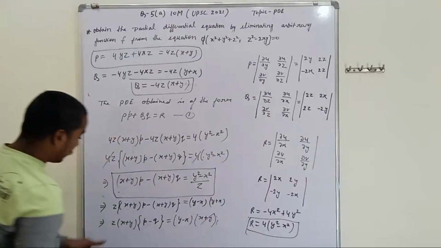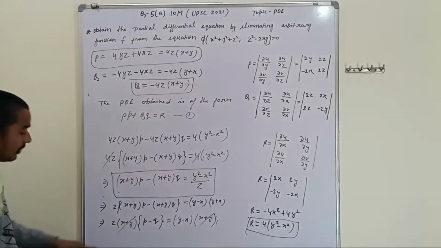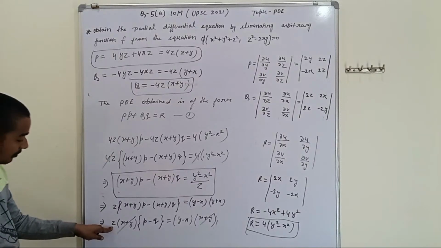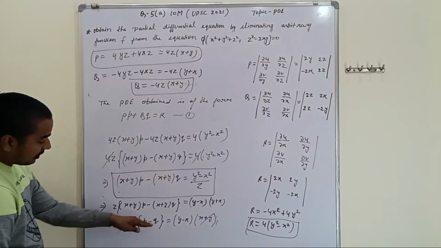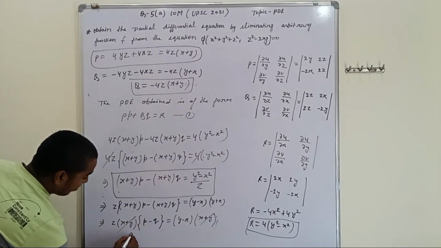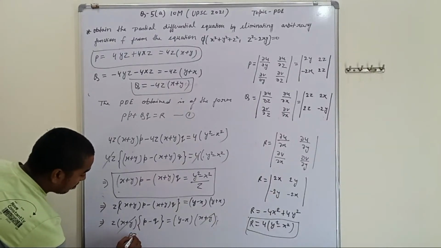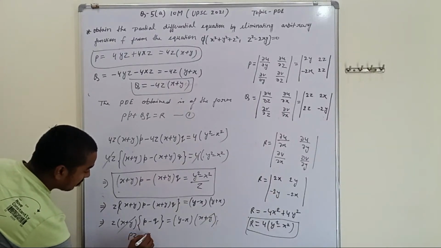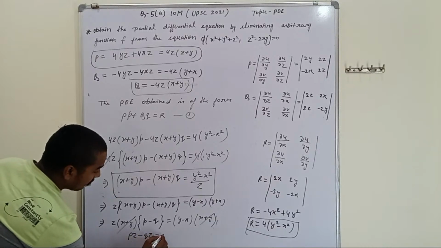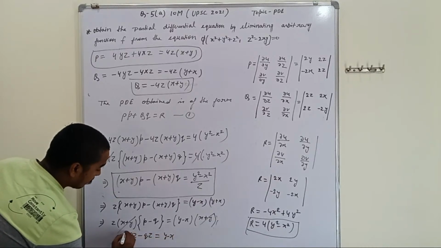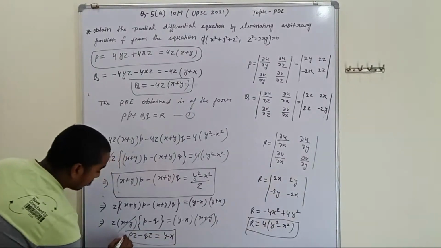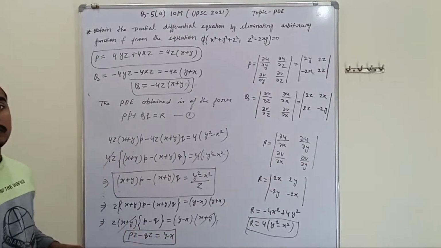X plus y and x plus y cancel out and the remaining is multiplying z with the following, that is pz minus qz is equal to y minus x. This is the required solution.